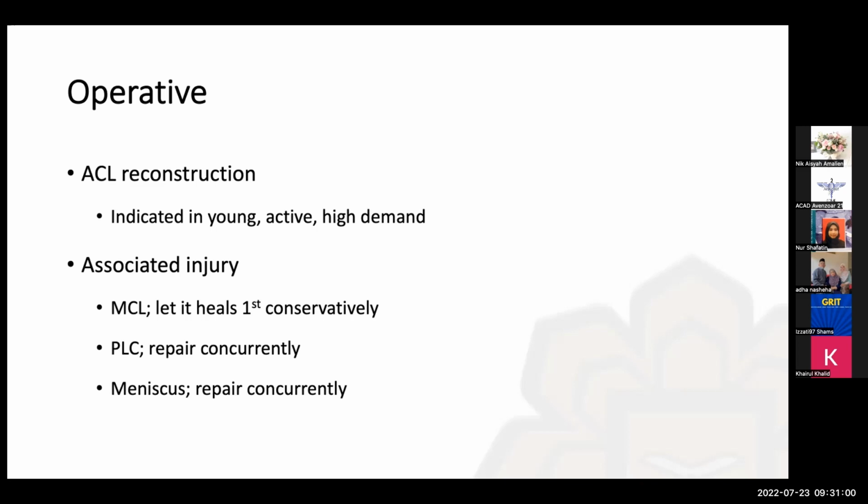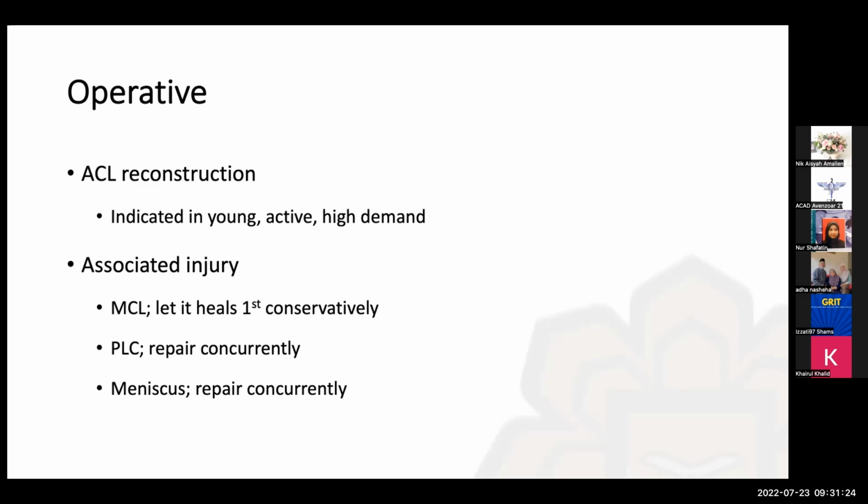And at the same time bila dia extend the knee tu, actually quadricep tarik tibia anterior kan, macam yang cakap tadi. So dia nak prevent the feel of instability tu, dia try to limit the activation ataupun try to avoid contracting the quadricep muscle. So by doing that, actually dia avoid the feeling of instability of the knee.